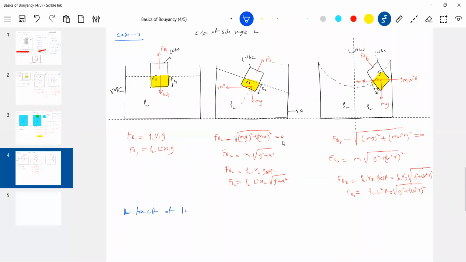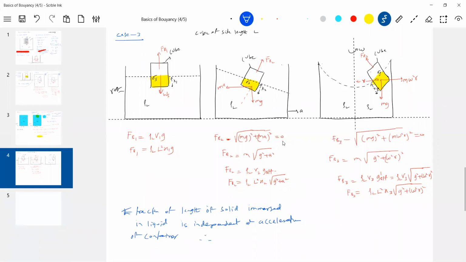The fraction of length of solid immersed in liquid is independent of the acceleration of the container. I'm just putting a statement.